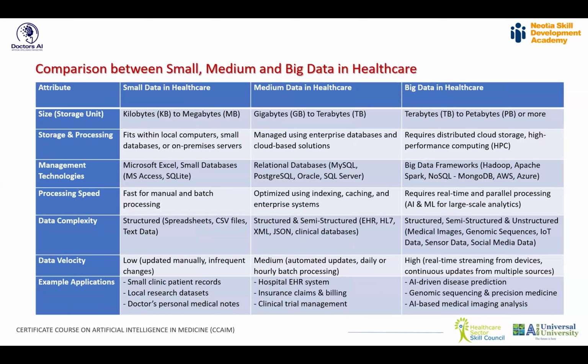The data complexity can be structured as well as unstructured. And the velocity of data generation is medium. Some examples are hospital EHR systems, insurance claims and billing, and clinical trial management. In clinical trial management, we capture data in batches, so the velocity is not that high.